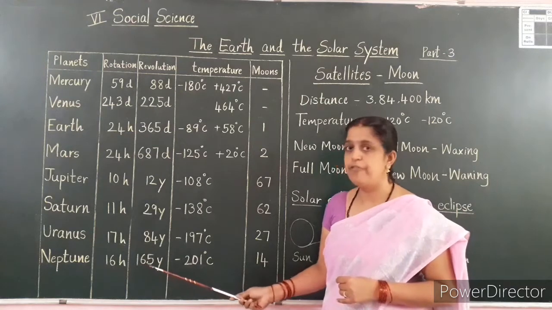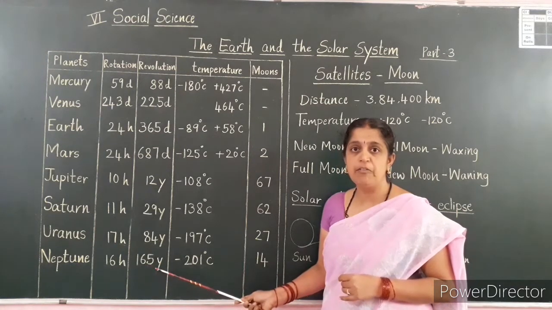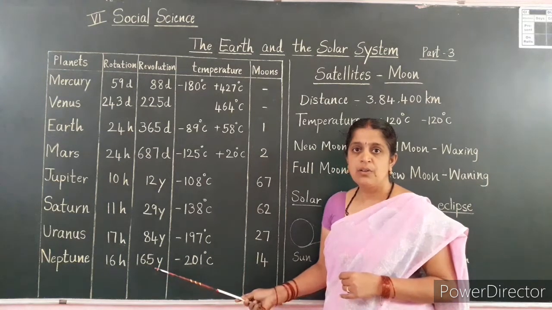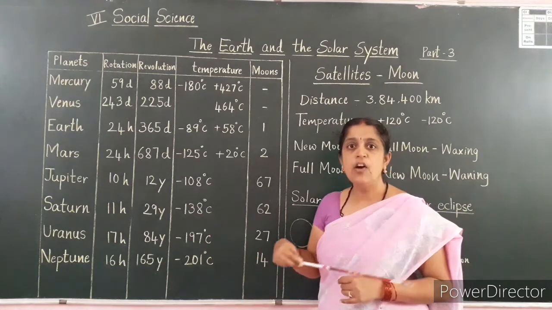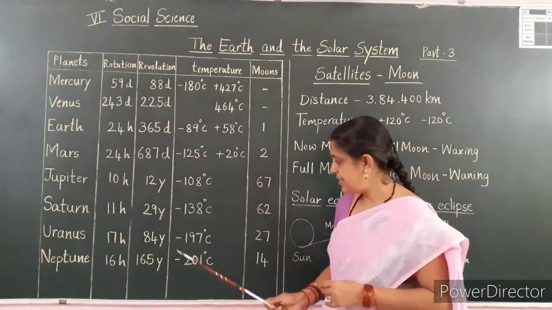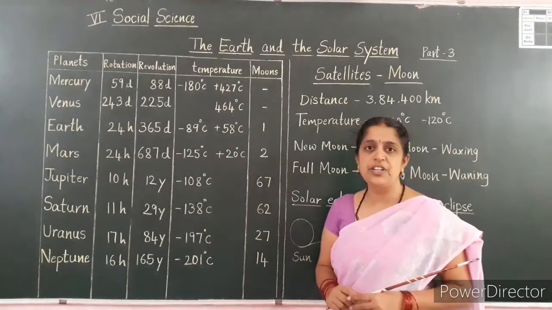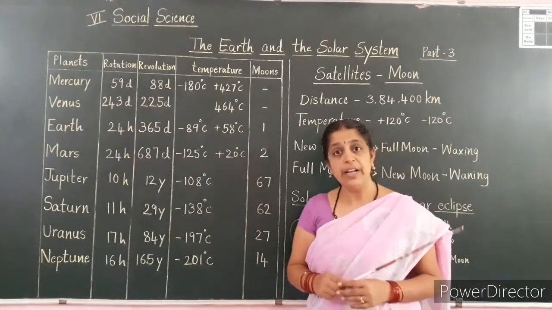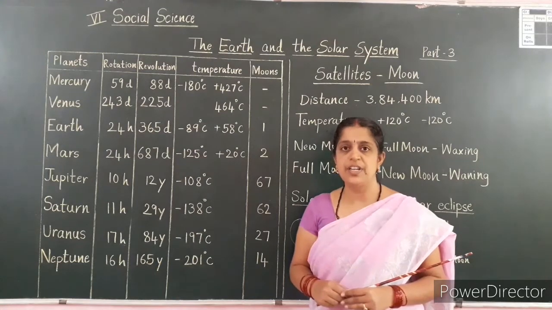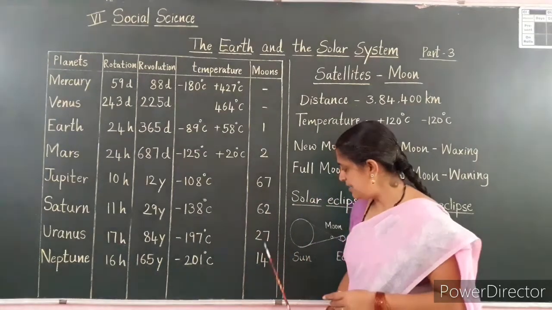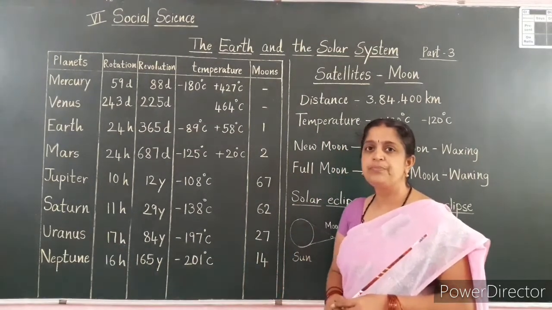Such a lengthy orbit. Next, the temperature is minus 201 degrees Celsius. It has 14 moons.